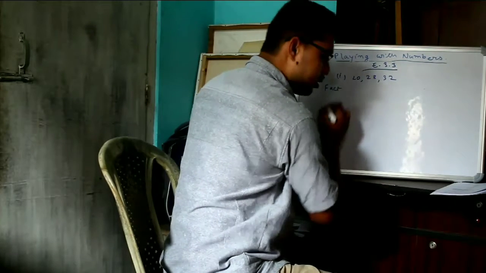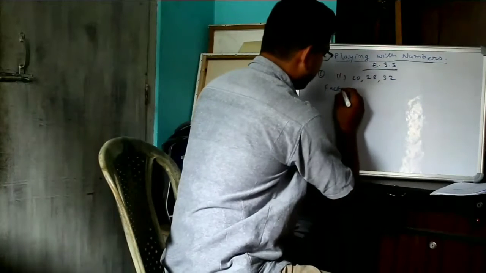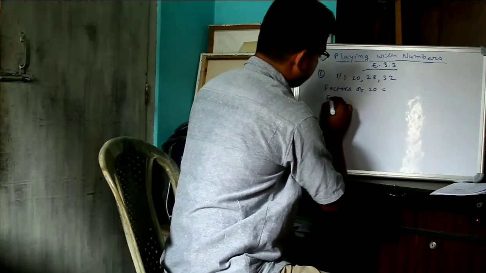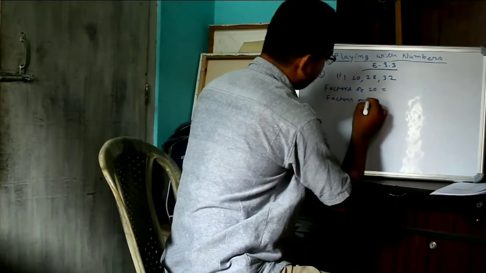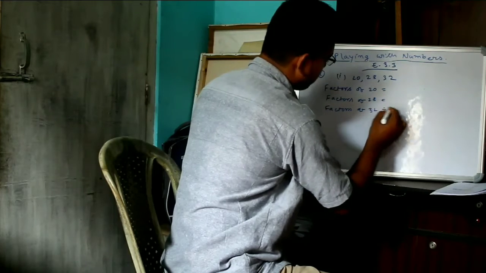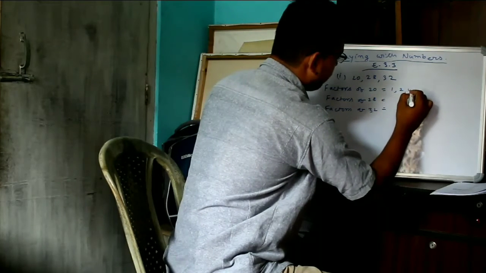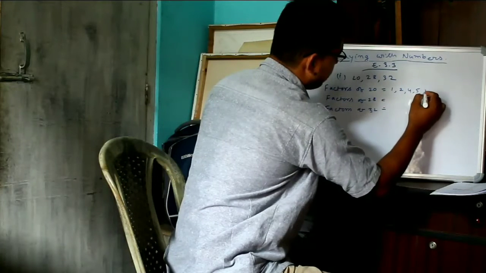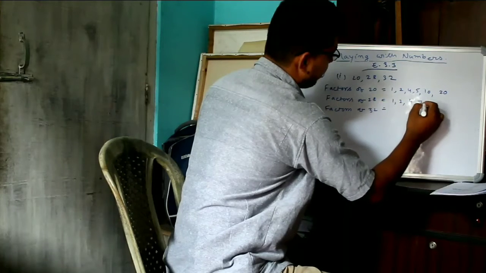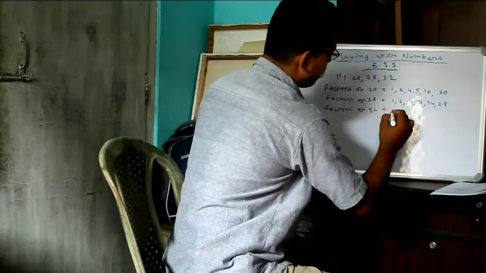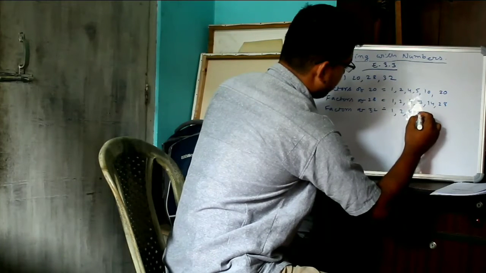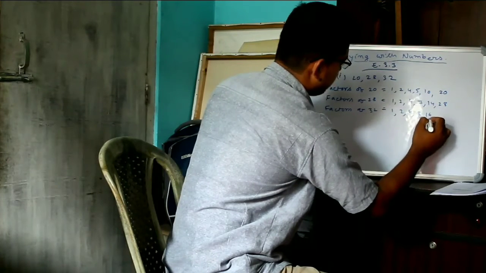Factors of 20 are 1, 2, 4, 5, 10 and 20. Factors of 28 are 1, 2, 4, 7, 14 and 28. Factors of 32 are 1, 2, 4, 8, 16 and 32.